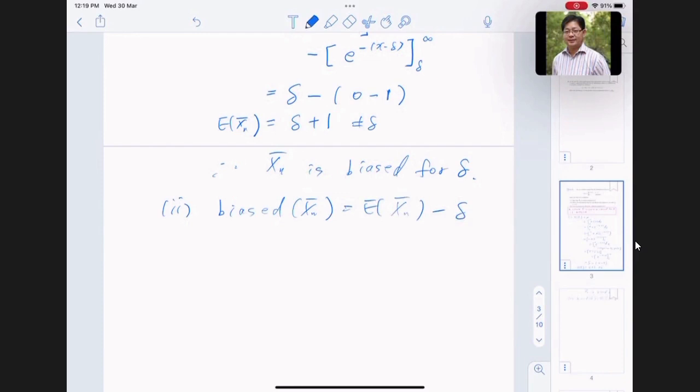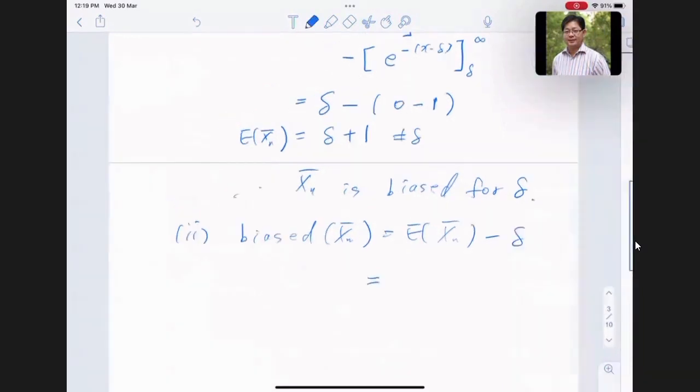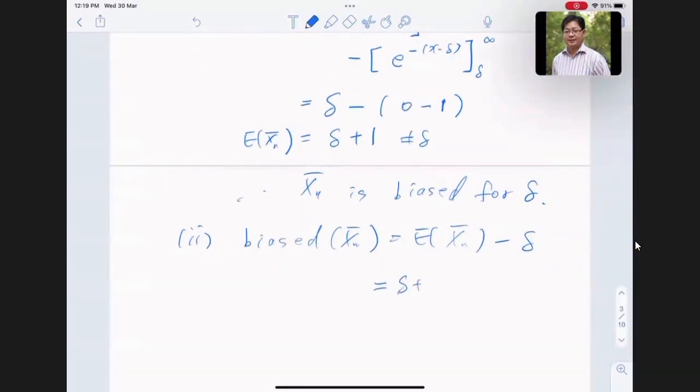So if the bias is equal to 0, then these two are the same, so it will become unbiased. But in this question, we find that the bias is equal to 1. And it remains equal to 1 even if you have a large sample, because it does not depend on n.